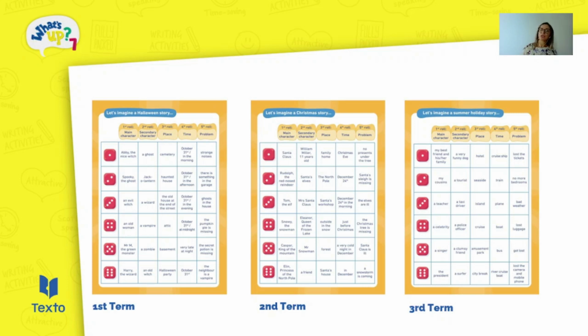Maybe the Christmas story, you can start that at the beginning of the second term in January as to what happened last Christmas, and then looking forward to summer holidays, what's going to happen or what are you going to do for the summer holidays. And again, using the elements that were determined prior with the 5 rolls of the die.